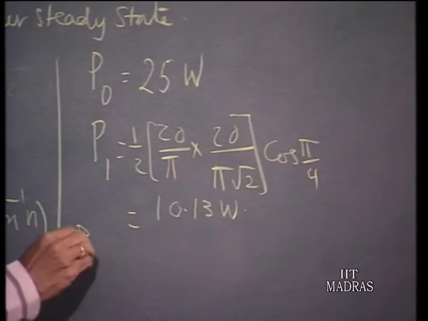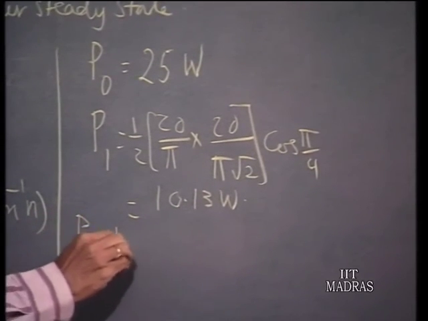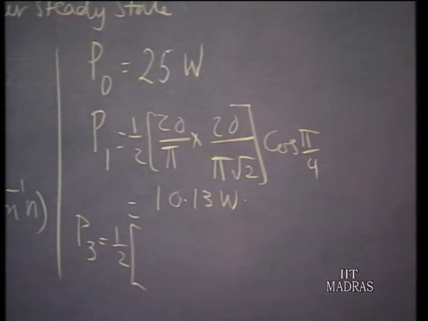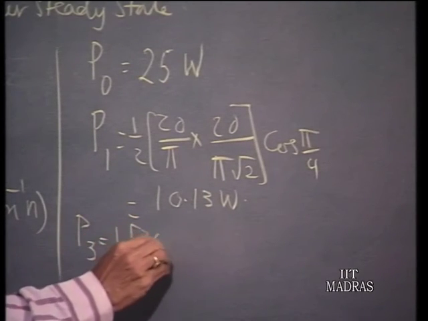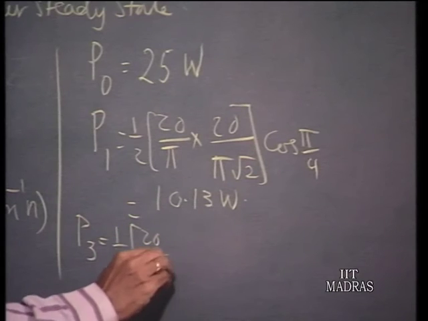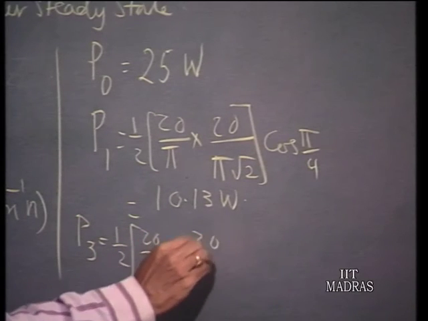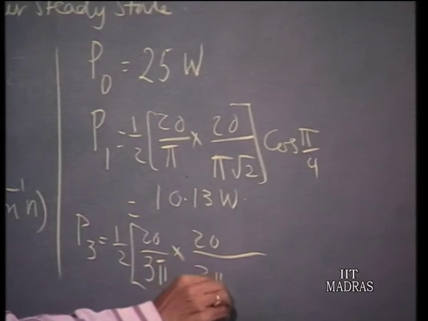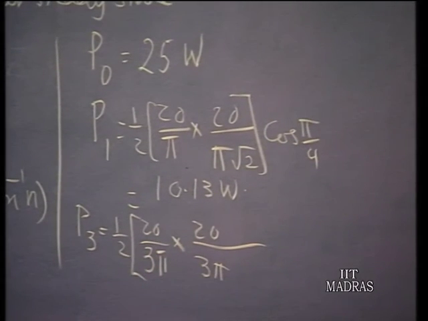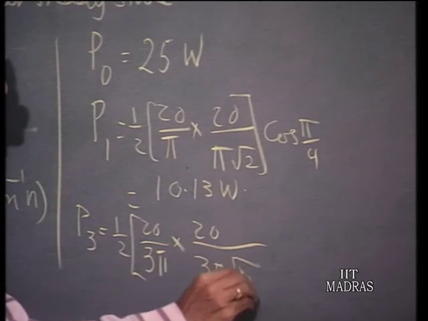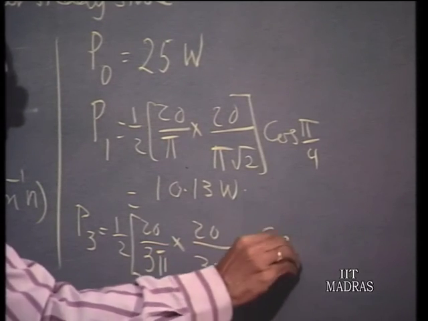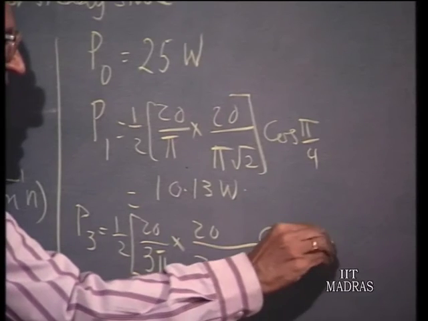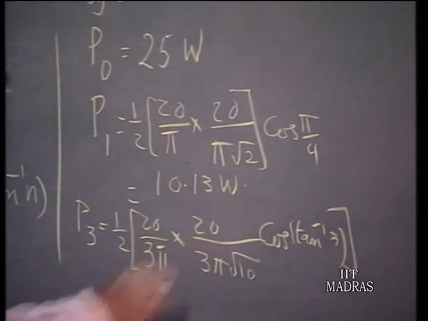Similarly, P3 will be given by half of 20 upon 3 pi multiplied by 20 upon 3 pi. When we substitute n equals 3, this is root 10, cosine of whatever angle you will get for tan inverse of 3. And this will turn out to be 0.23 watts.